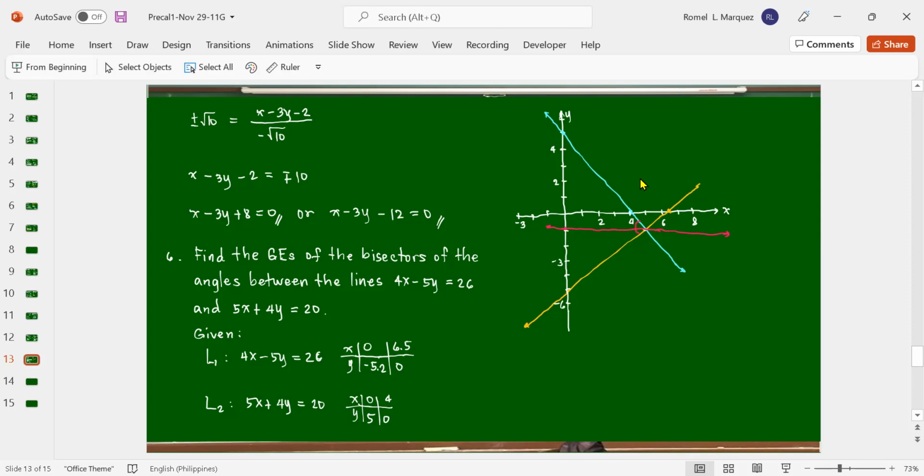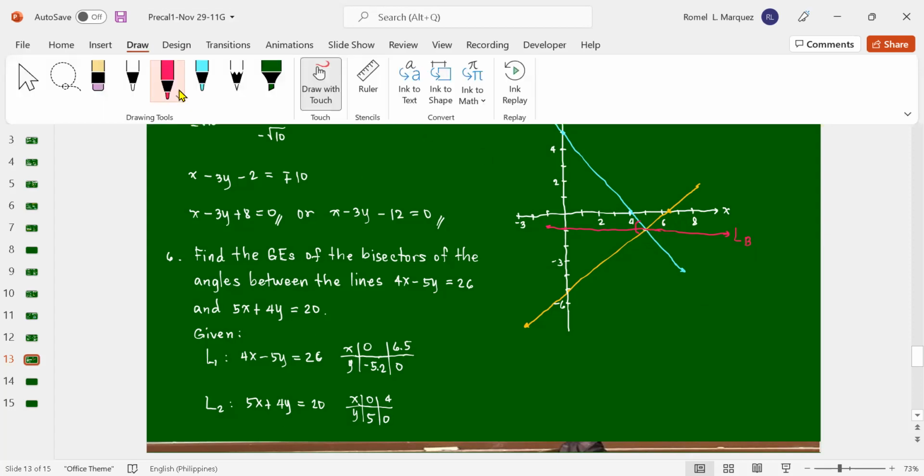If, for instance, the angle of inclination is 45, then 45, total of 90, so it will be horizontal, but I don't think it's horizontal. So this is the line we're looking for, the angle bisector of this angle. Actually, there are two possible, and another possible we have here.